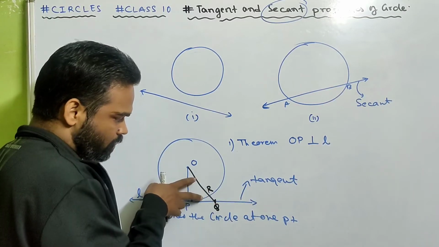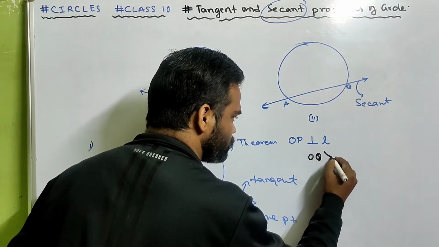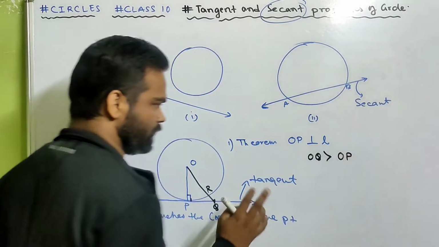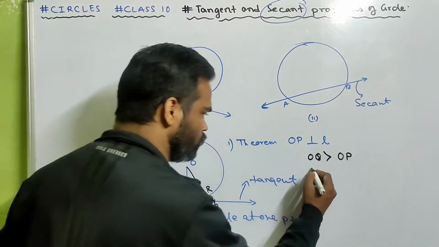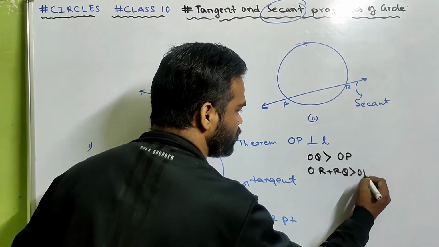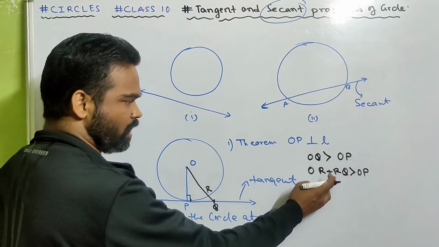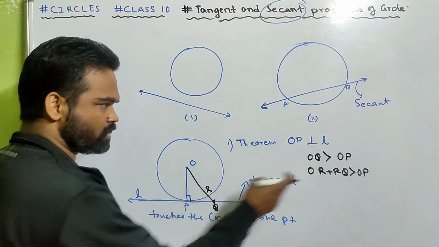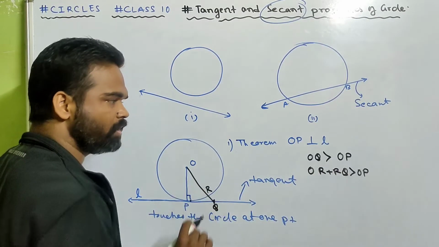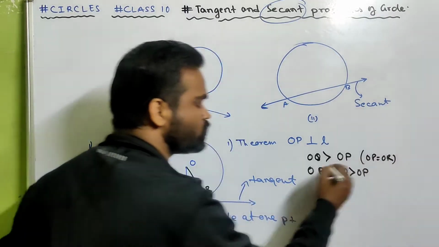Yes or no? Which means OQ is greater than OP? Definitely. Because OQ is OR plus RQ. OR plus RQ, of course, is greater than OP because OP and OR are equal. OP is equal to OR. So this will happen.